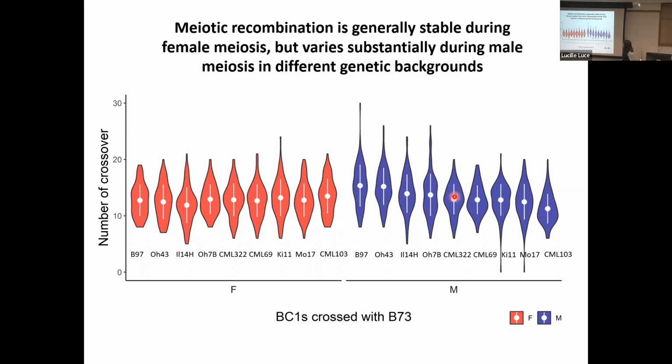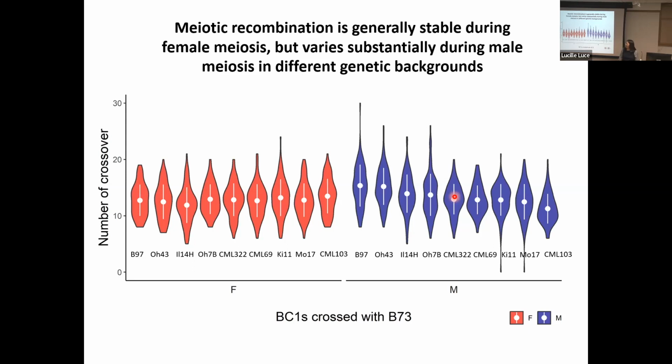Our data is pretty limited. We don't have enough data, so we are still working on that. As I mentioned, after we screen all 25 lines, we will send them for high throughput sequencing, so we can identify crossovers at high resolution. Then we can compare all the DNA sequences or DNA methylation data.